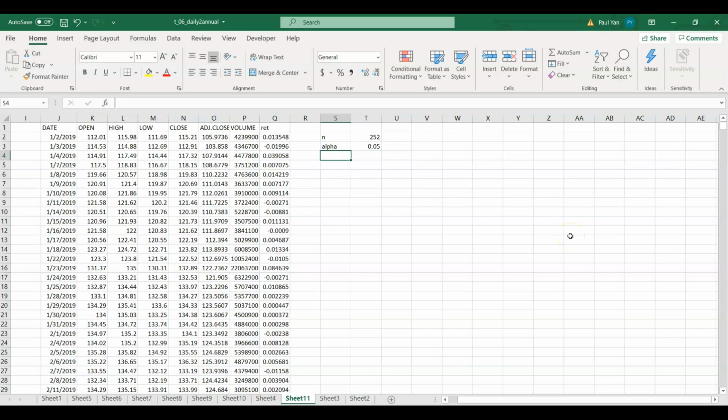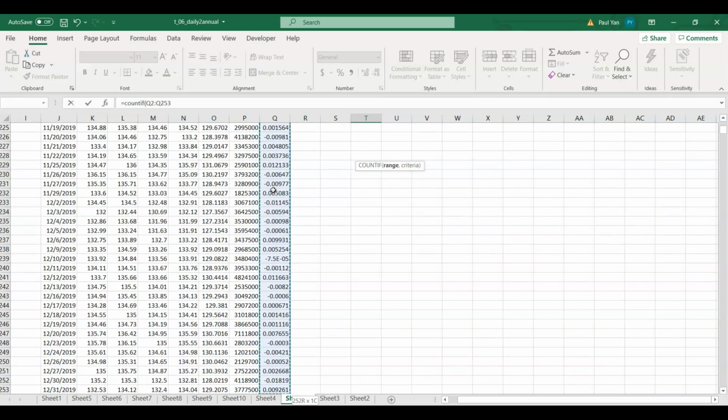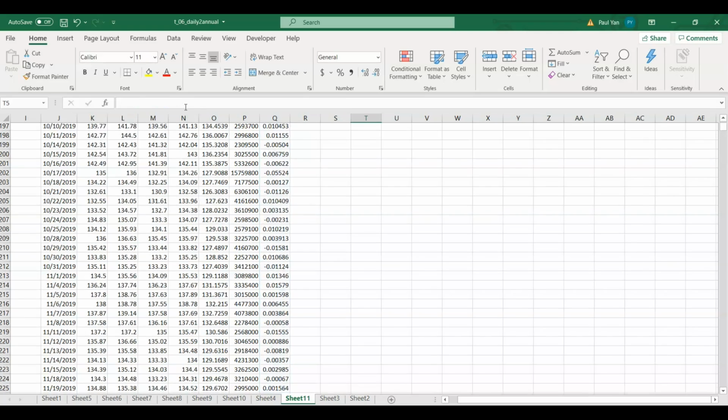We calculate our proportion, so this is P. Let's calculate N positive, the count of positive returns. We can use COUNTIF. We count the returns, Control Shift down, where the return is larger than 0. Enter.